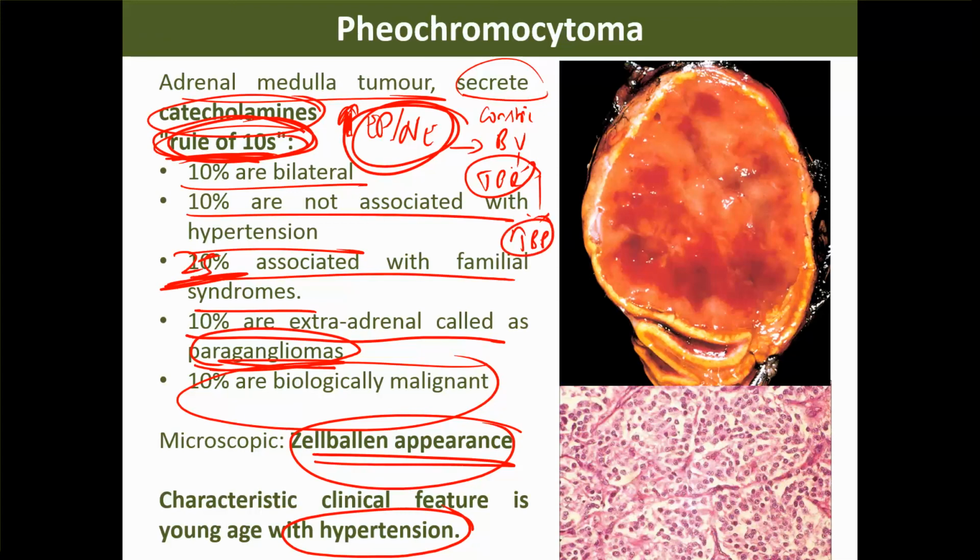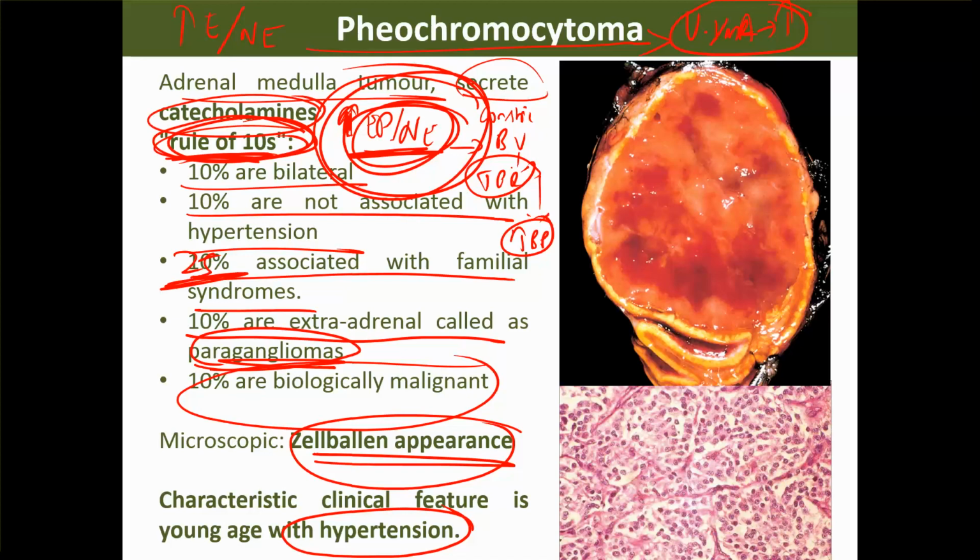And remember, in this case, if you do urinary VMA, urinary vanillylmandelic acid, it will be increased, because there is an increase in epinephrine and norepinephrine.